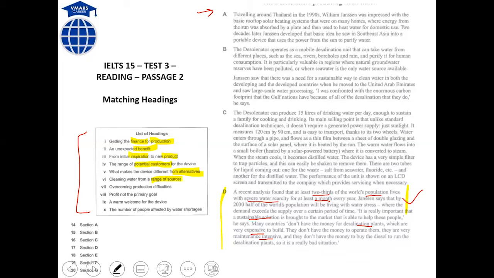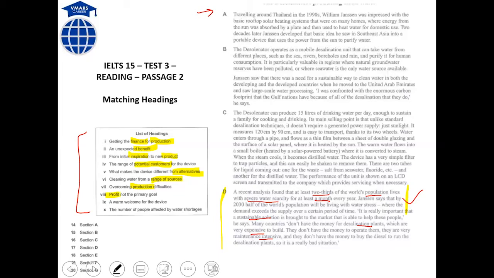Overcoming production difficulties, there was no mention about production itself, that they want to purify the water in a huge quantity. Profit, not the primary goal, obviously no mention about profit. A warm welcome for the device, not really. It's mentioned that people cannot afford the device.